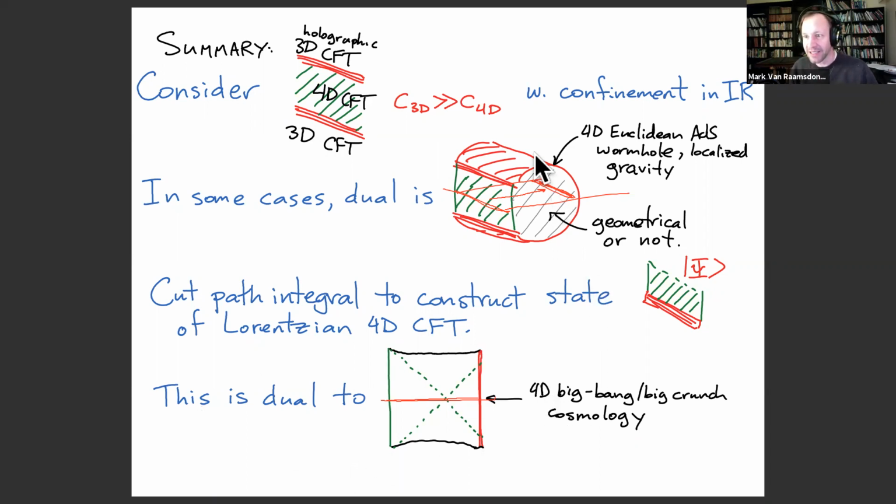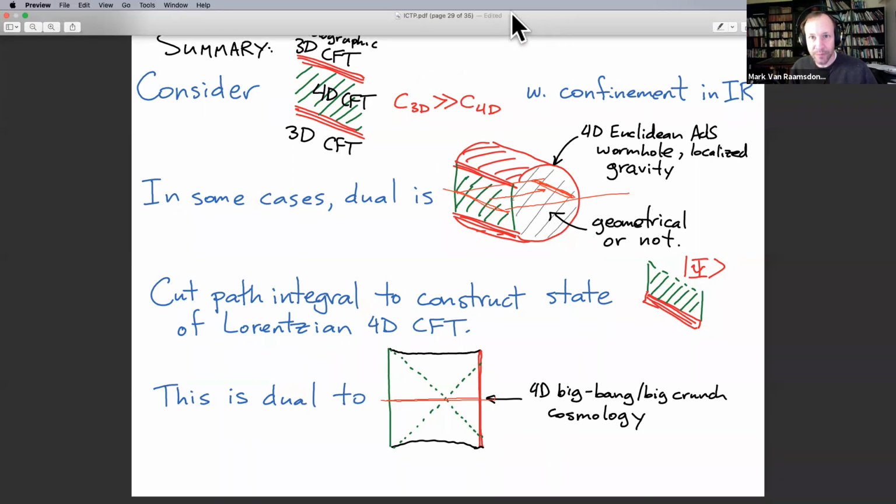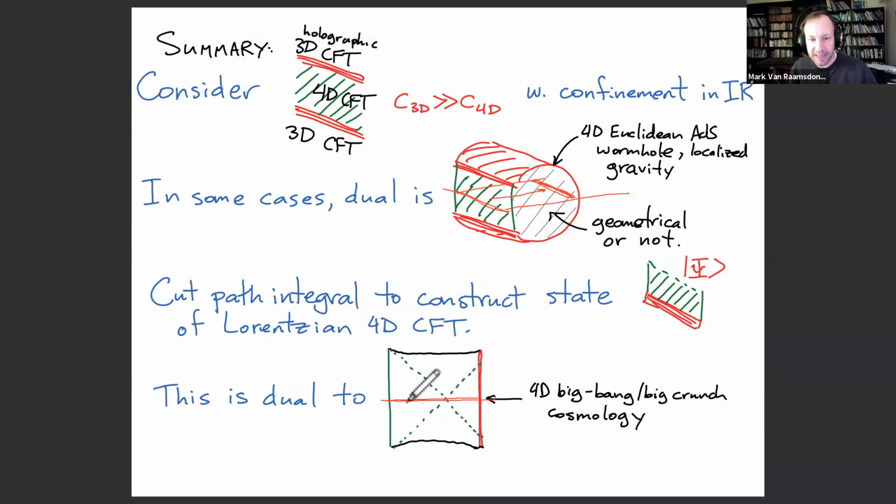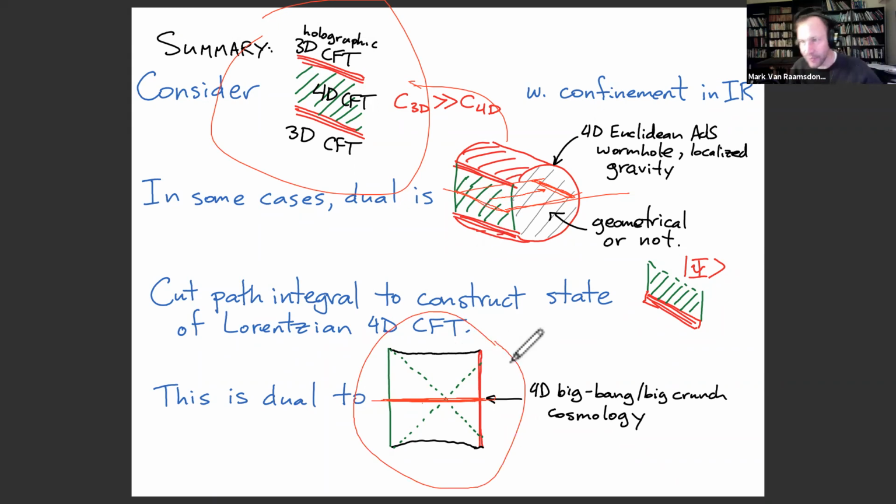Basically, this time equals 0 surface here is also part of this Euclidean geometry, and so it's part of the dual of this. The dual of this thing is a static geometry, but it shares the same slice with this one.